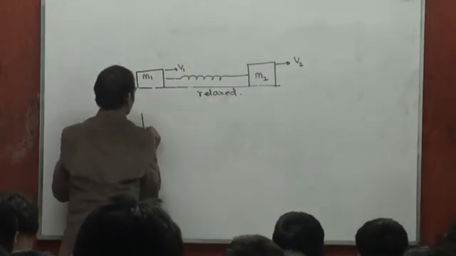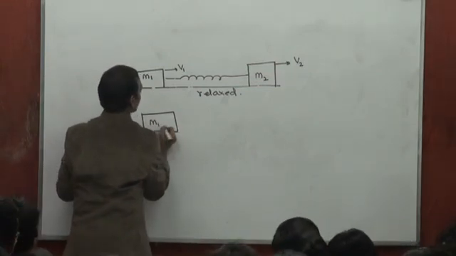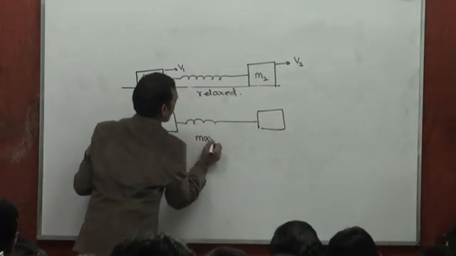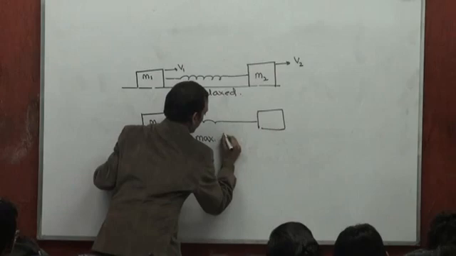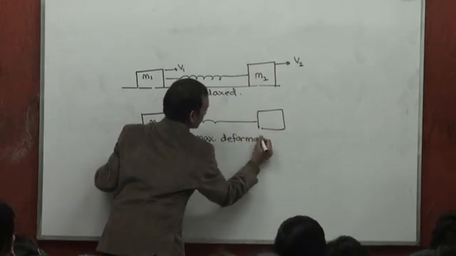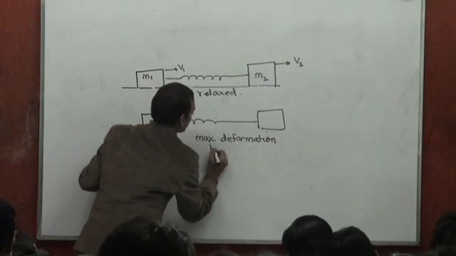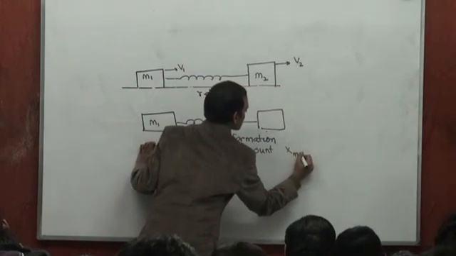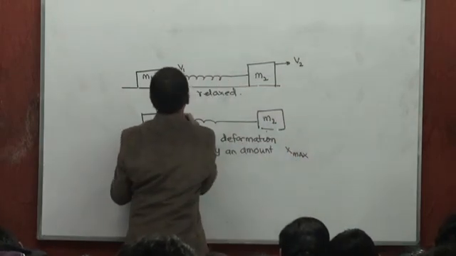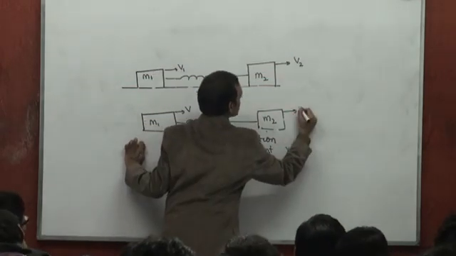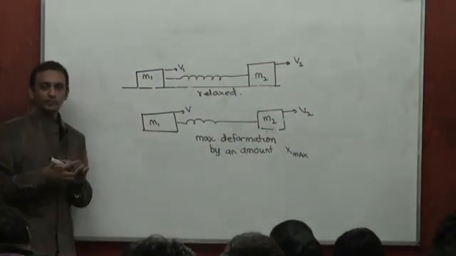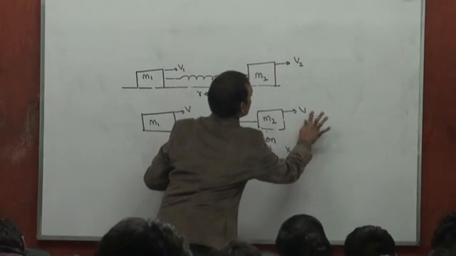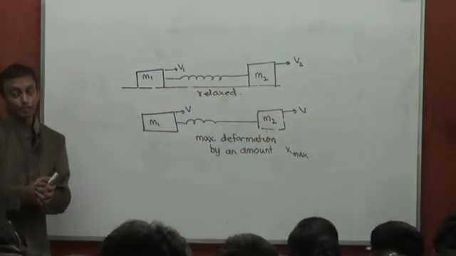So, say maximum deformation by an amount x max. At that instant, they will have the same velocities, V and V, at the instant of maximum deformation.